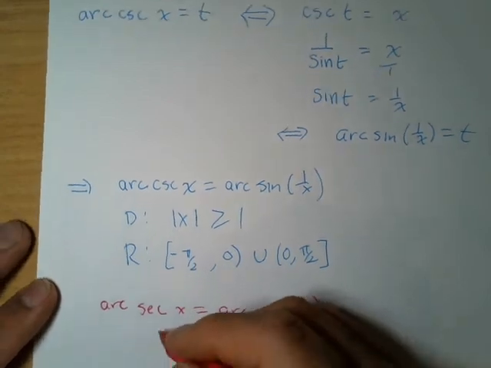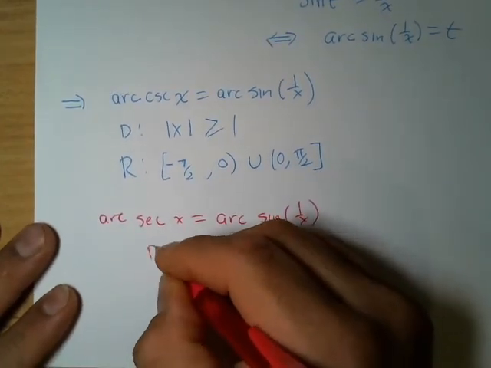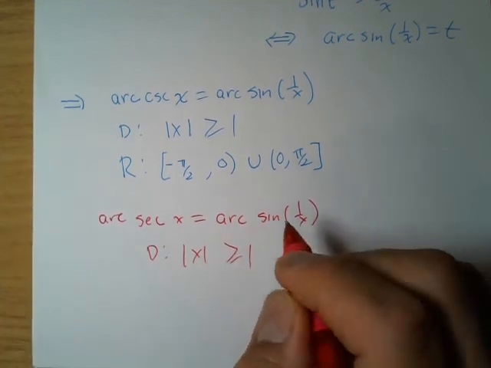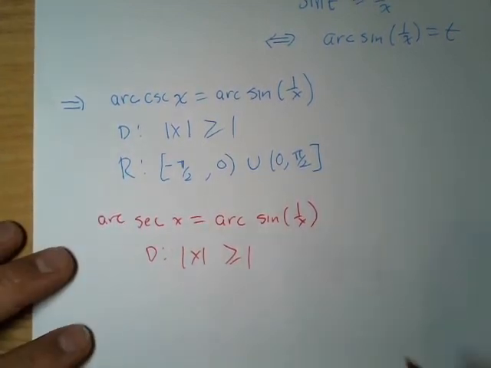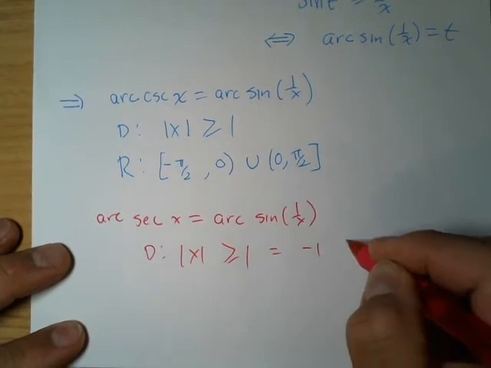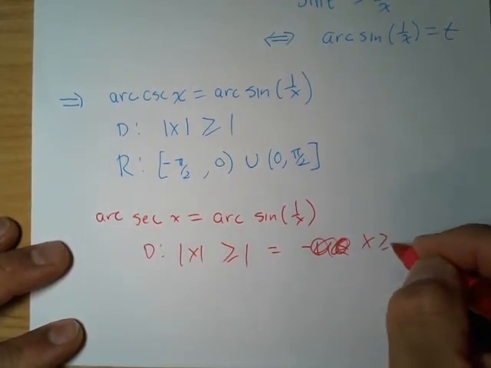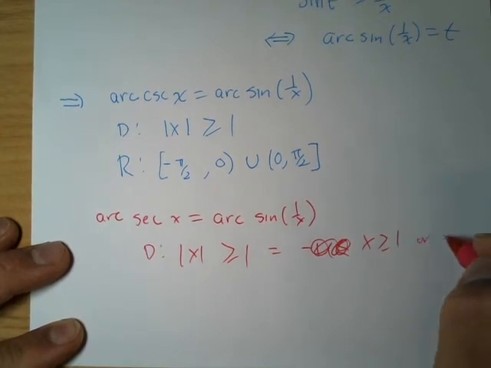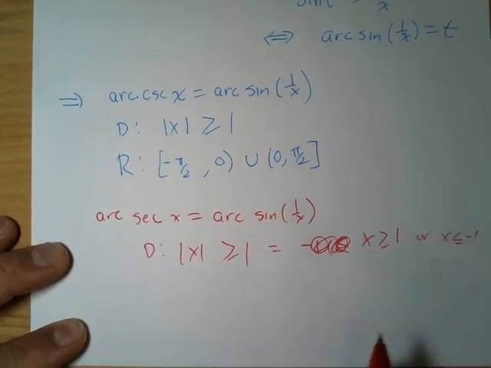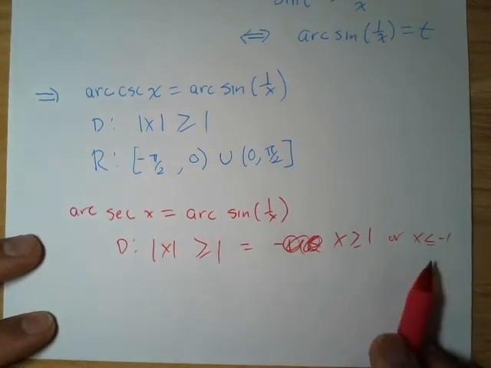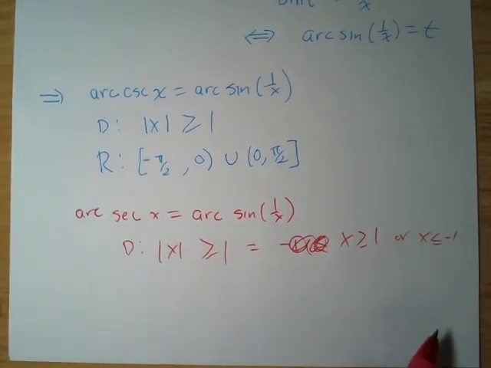And in this case, our domain for the values of x, the absolute value of them has to be greater than or equal to 1. Again, this is equivalent to saying x is bigger than or equal to 1, or x is less than or equal to negative 1.